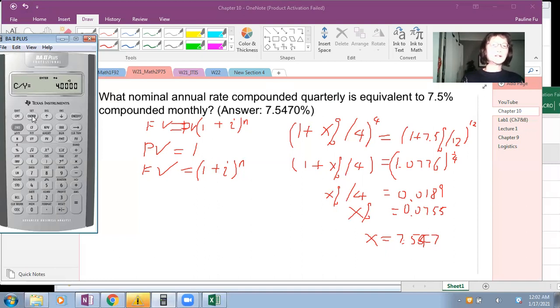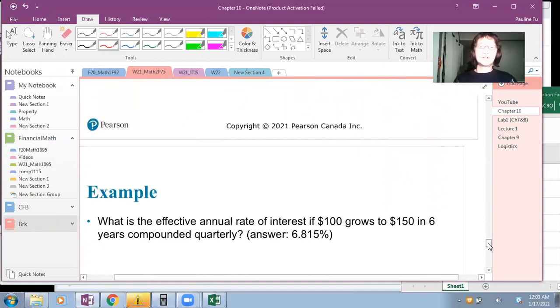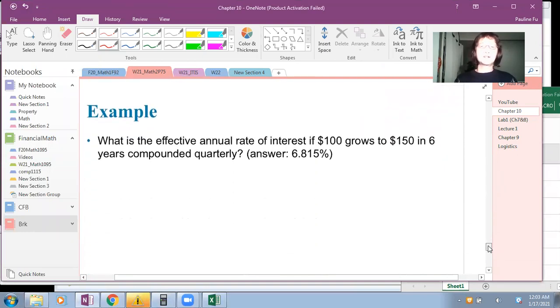So enter. Down arrow key again, you have nominal rate and press CPT compute. See, you get this number, 7.547. Okay, so again, you need to practice more for this calculator method. Okay. All right. So, question, this one here.